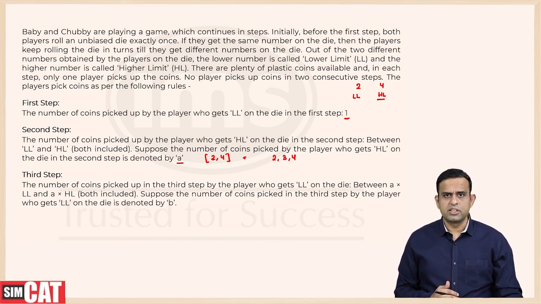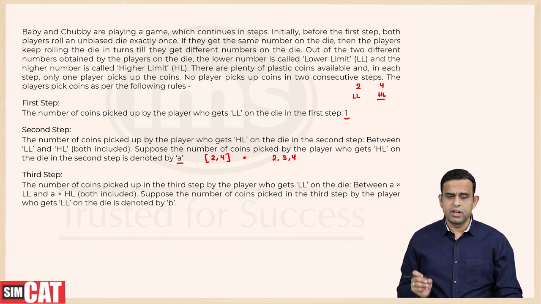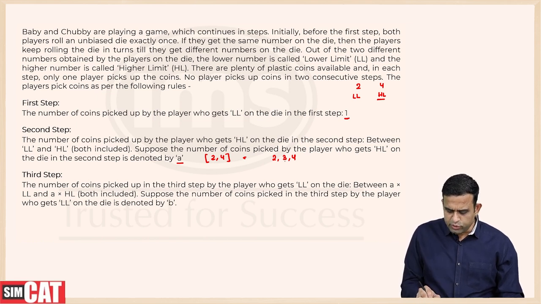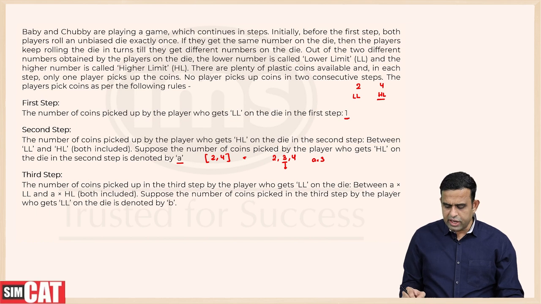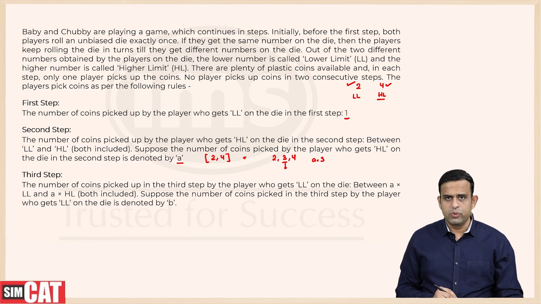Now what happens in the third step? In the third step, the player who rolled the LL is going to pick a certain number of coins, and the condition given to us is that it's between A times LL and A times HL, again both included. Let's take one example where the value of A is 3, LL is equal to 2 and HL equal to 4.